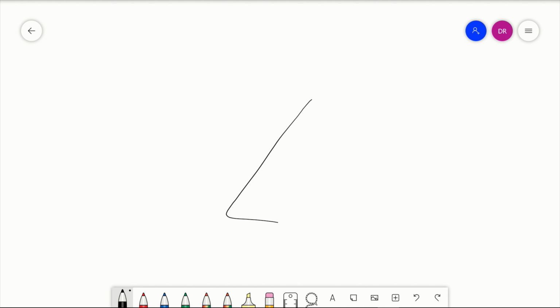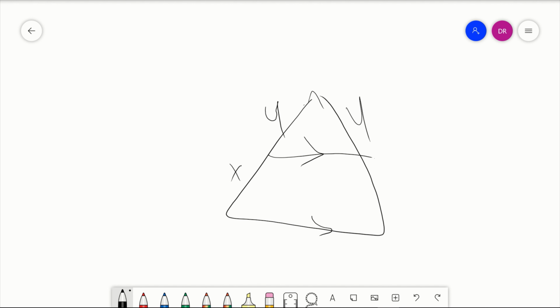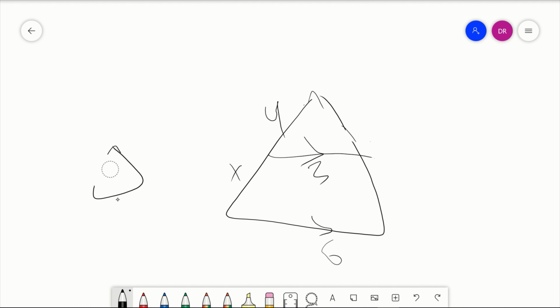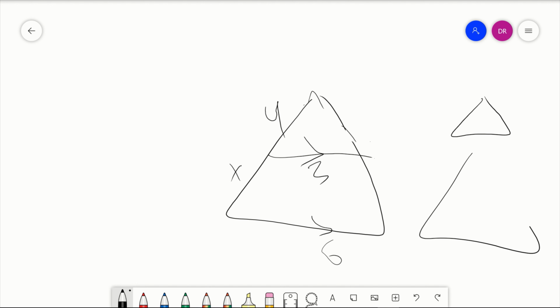Let's do one more. Let's say we're told that these lines are parallel. Let's say this is 4, this is x, this is 3, and this is 6. Again, we have the two triangles, and then the whole thing.